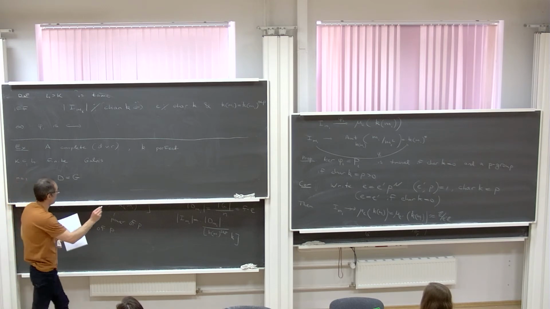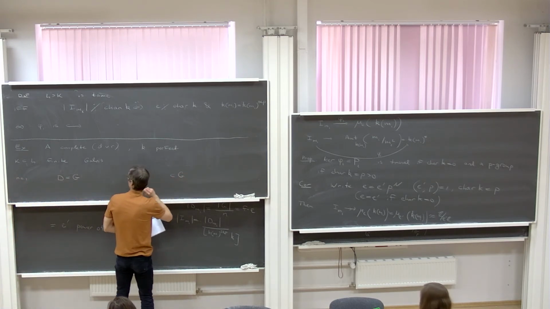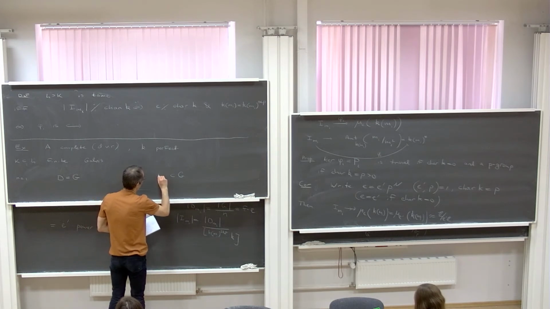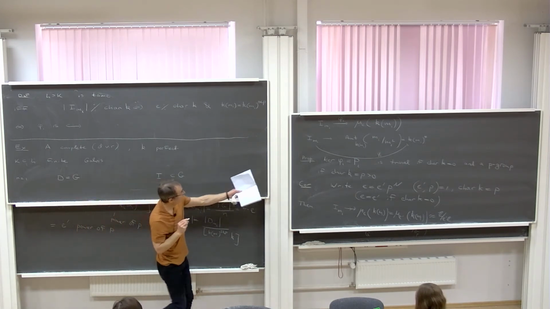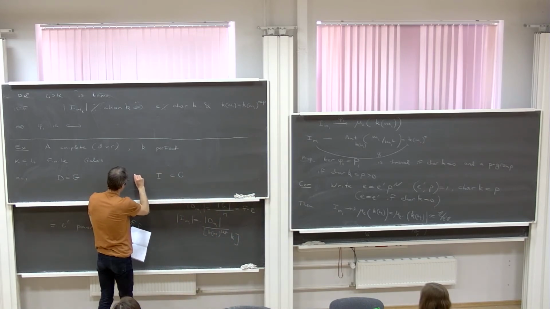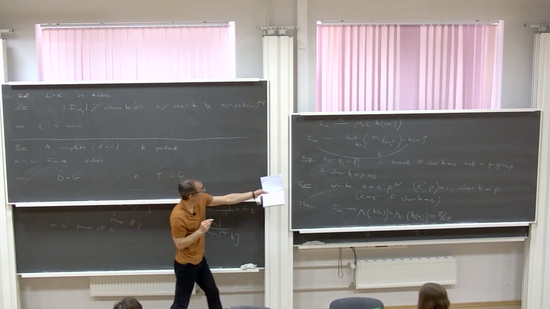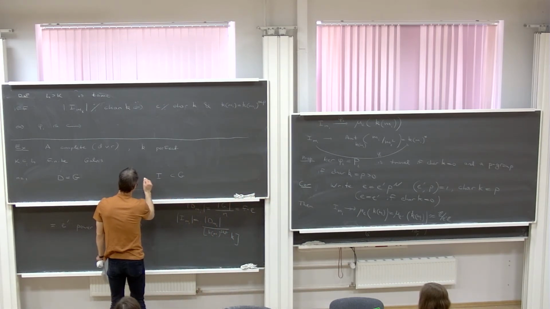And so I have G, I have the inertia group, and I have the kernel of this homomorphism, phi, which is called the wild inertia.